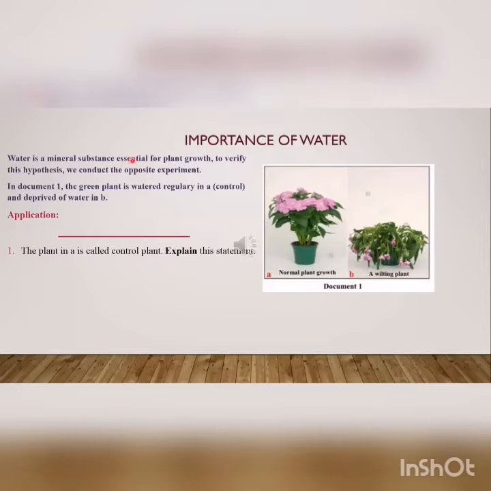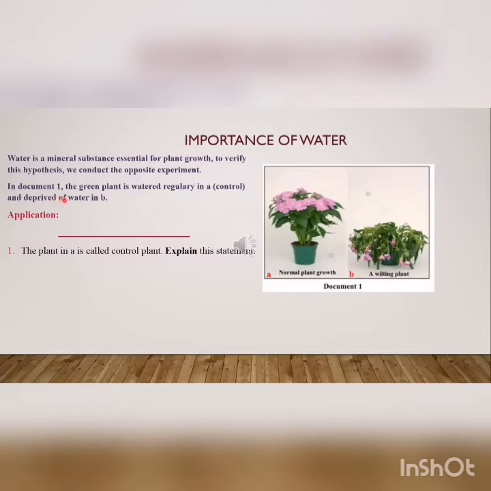In document 1, the green plant is watered regularly in A. The plant in A is watered regularly. This is a control plant. You see the development or the growth of this plant, which is watered normally, regularly.